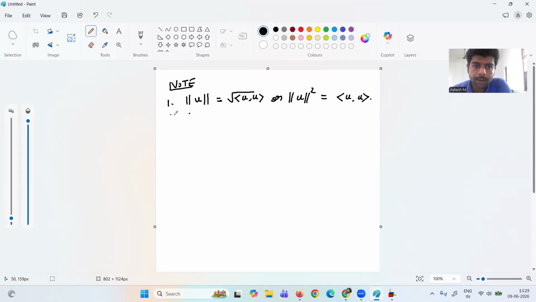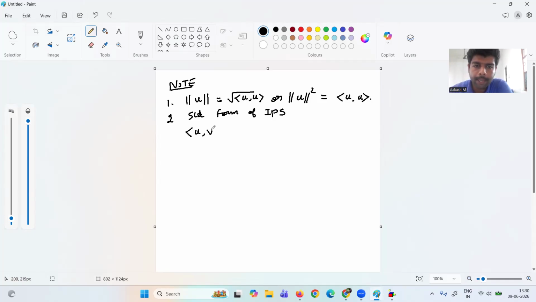First one. Now second, note number 2: standard form of inner product. What is the standard form?